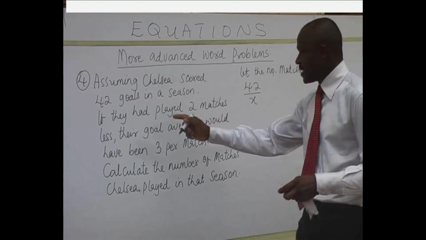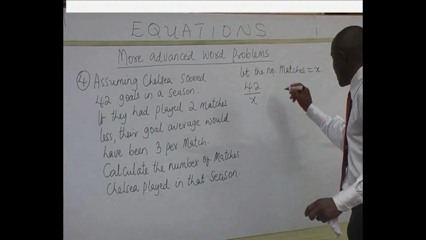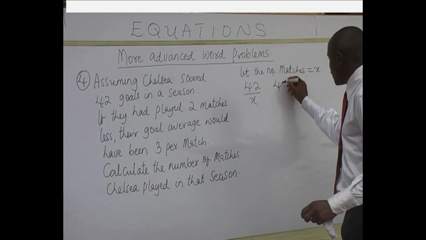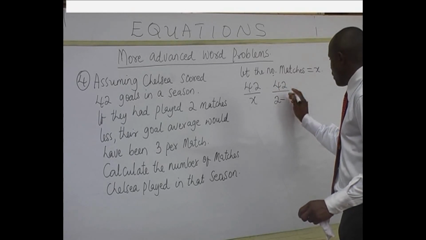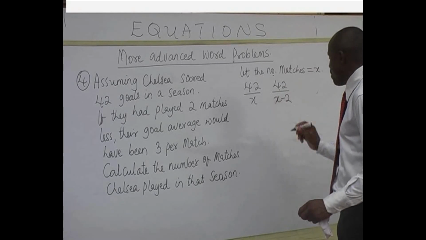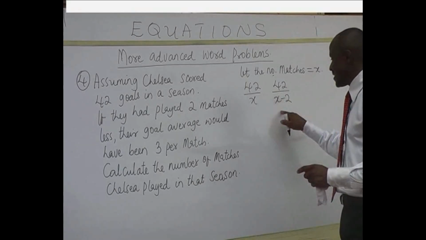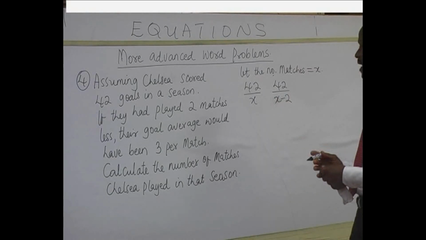But the question says, if they had played 2 matches less, that means the average goals scored would have been 42 all over X minus 2, had it been they played 2 matches less than the number of matches they played.